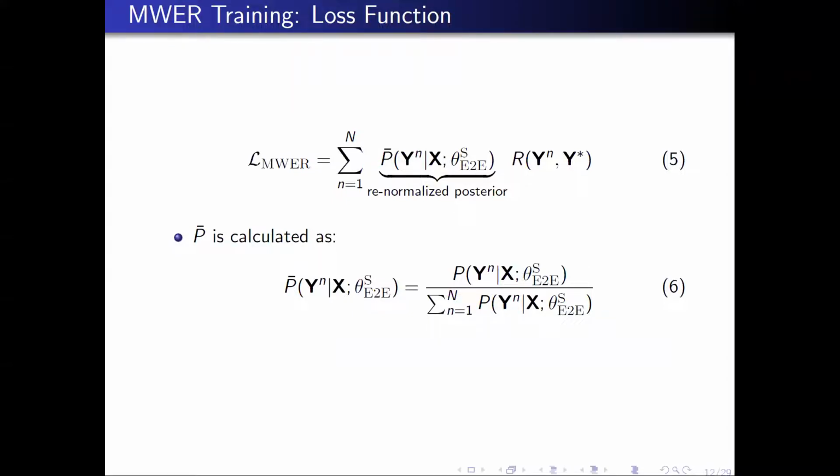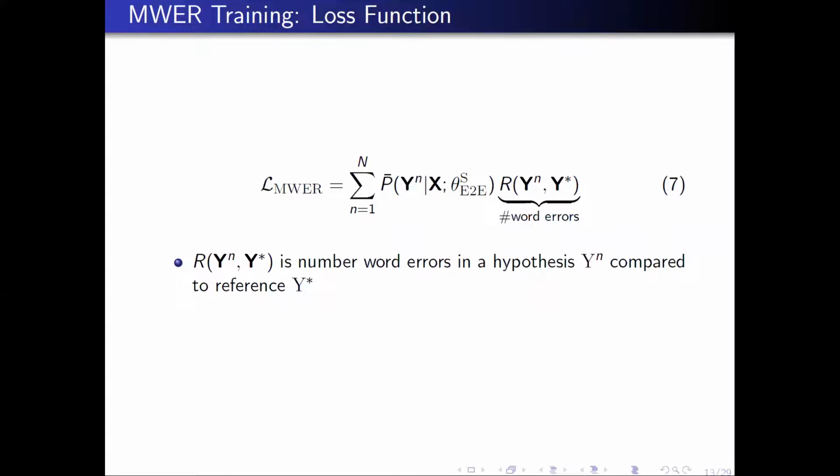In the MWER loss equation, P bar is the normalized posterior probability. Basically, it's the posterior of the hypothesis yn normalized by the sum of the posterior probabilities of all hypotheses. W(yn, y asterisk) is the number of word errors in the hypothesis yn compared to the reference y asterisk.